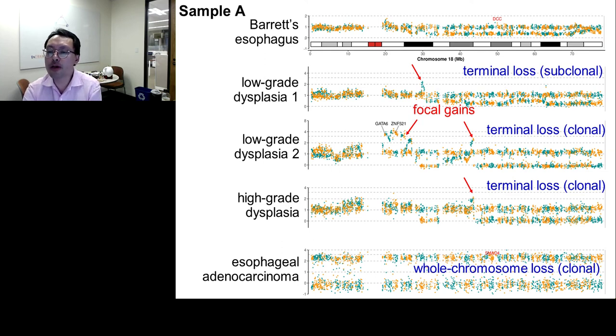Now, finally, when we go to esophageal adenocarcinoma, which is supposedly the most malignant disease, we actually don't see any sign of the altered chromosome at all. In fact, we infer that the chromosome that has undergone such dynamic evolution in the low-grade and high-grade dysplasias is completely lost in adenocarcinoma.